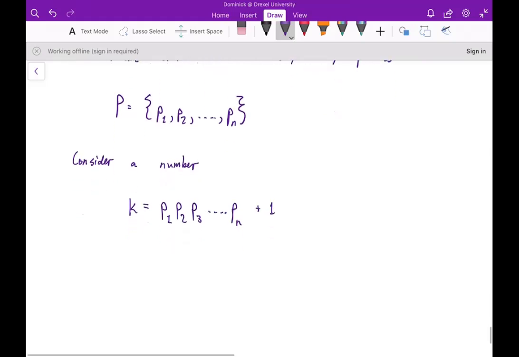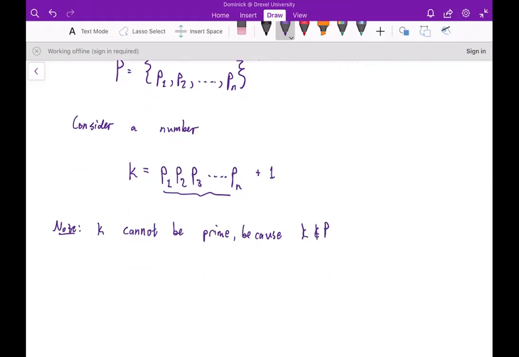All right, now one thing to note here, that K cannot be prime because it's not in our list. Right, because K does not belong to P, right? If K was in P, then of course it would be prime, but then it would already be in our product that's right here, right?